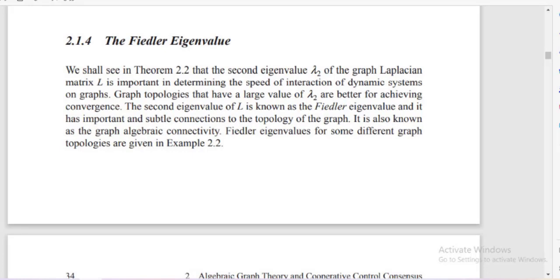And this distance, or the norm of the second eigenvalue, the Fiedler eigenvalue, is very important in connectivity. If lambda 2 is big, this means connectivity has some problem. Okay.